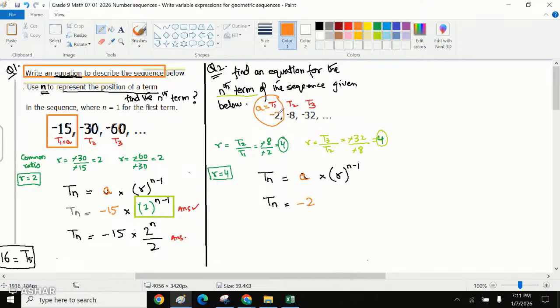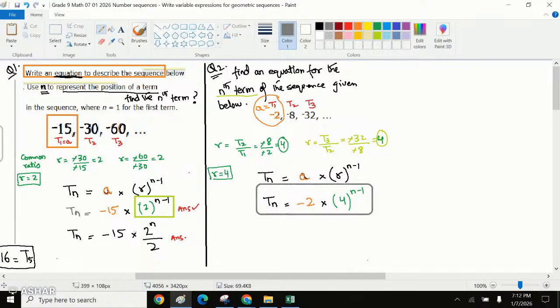Because the first term was -2, multiplied by r, given as 4, 4 to the power n minus 1. And we can say that this is the answer for the generalized term.